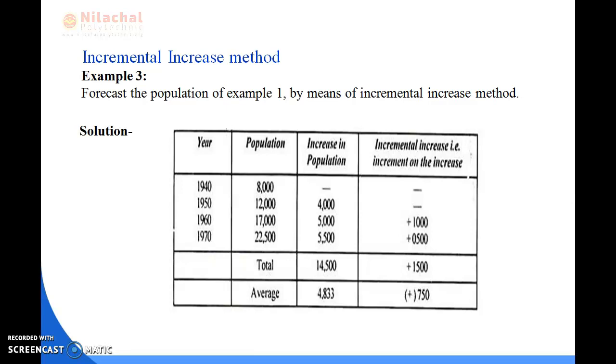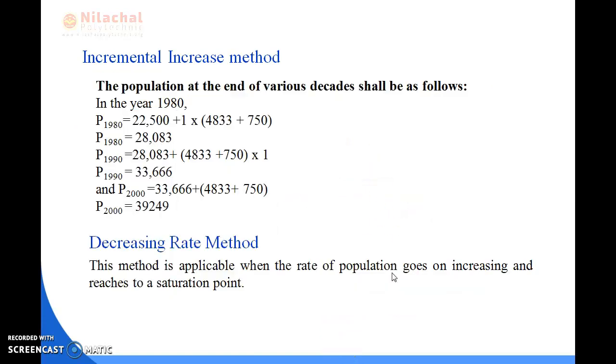So by the same procedure of averaging, we get x as 4,833, or IA as 4,833, and IC as 750, or y equals 750. We have got x bar and y bar. Next we will put them in the formula.